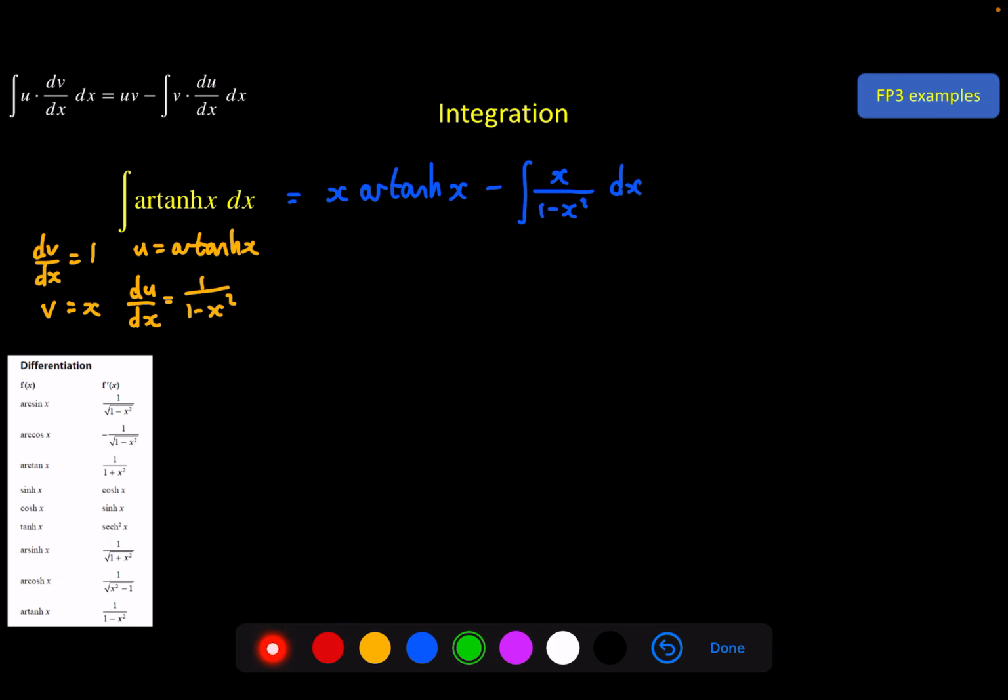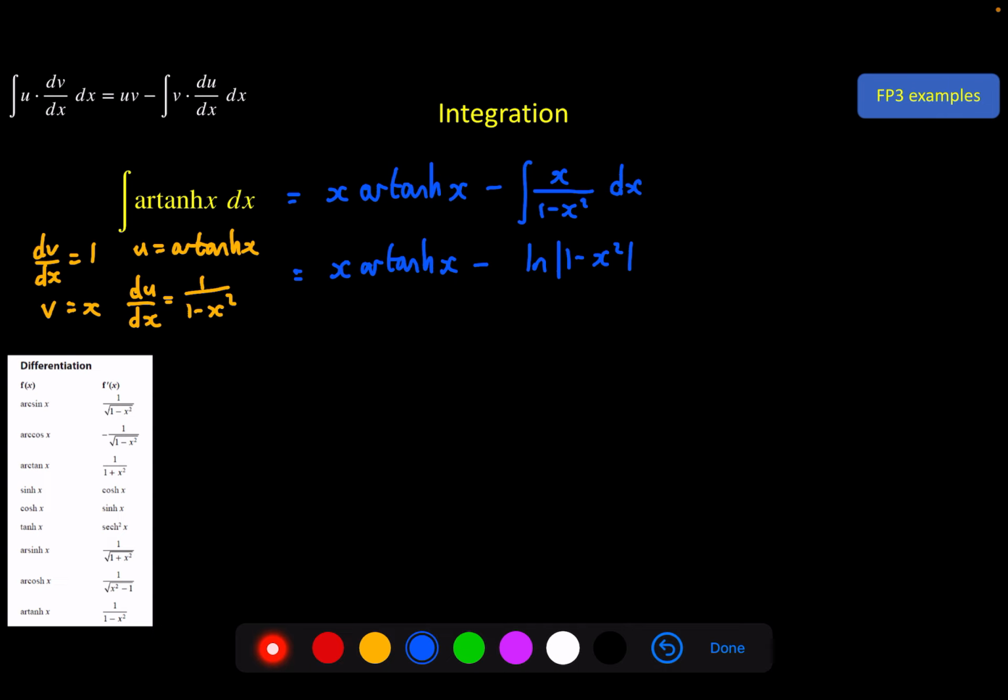Let me put it in green. No, I won't. I will leave it. I'll do it in the next step. So we've got x r tanh x minus the log of 1 minus x squared, and this is where I'll put it in.